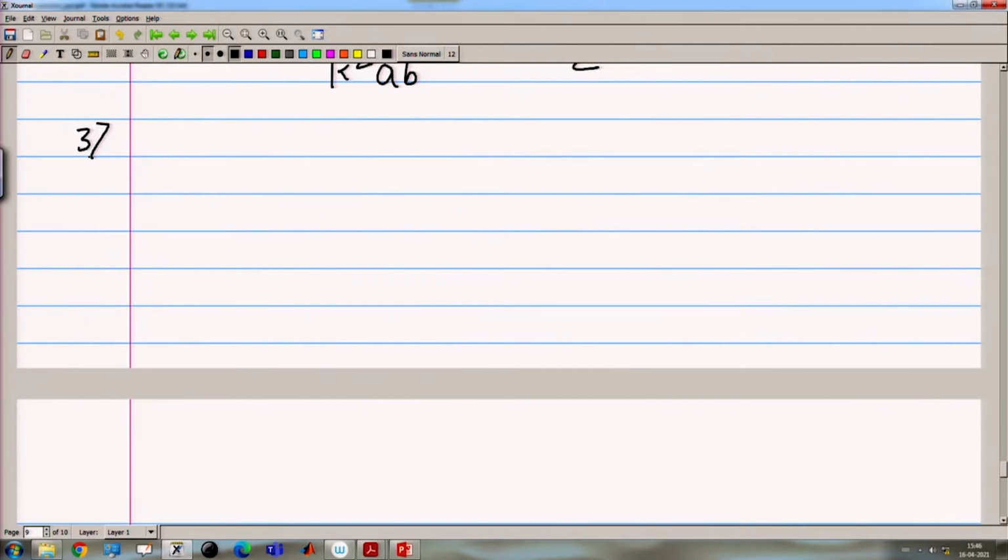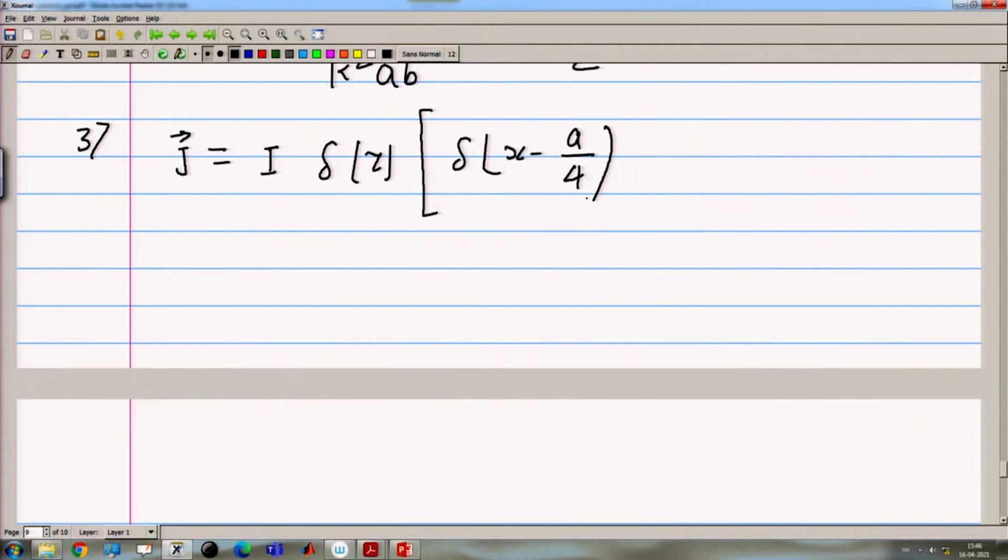The expression for the surface current density can be written as J equal to I delta z, delta of x minus a by 4, and because it is 180 degrees out of phase, we write minus delta of x minus 3a by 4, directed along a_y.